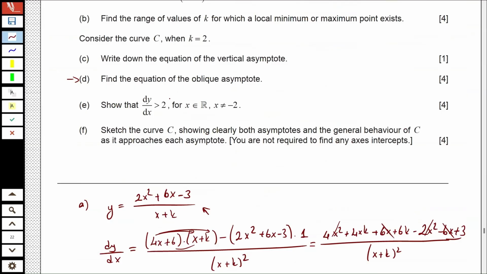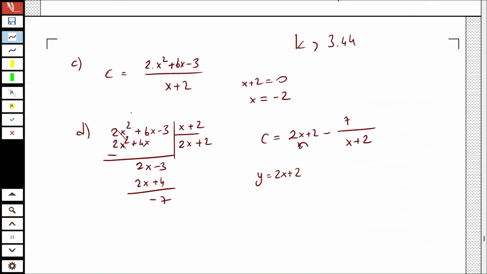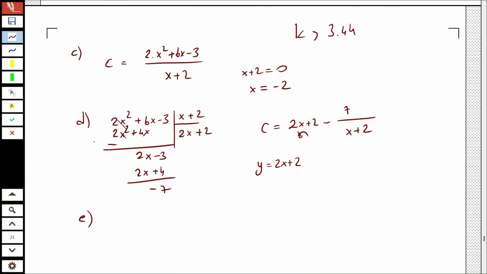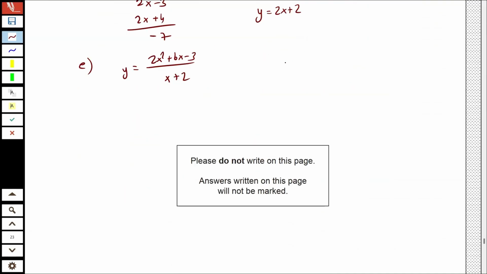Show that the derivative of the curve is greater than 2. This is the curve, y equals 2x² + 6x − 3 divided by x + 2, and we found the derivative of y.